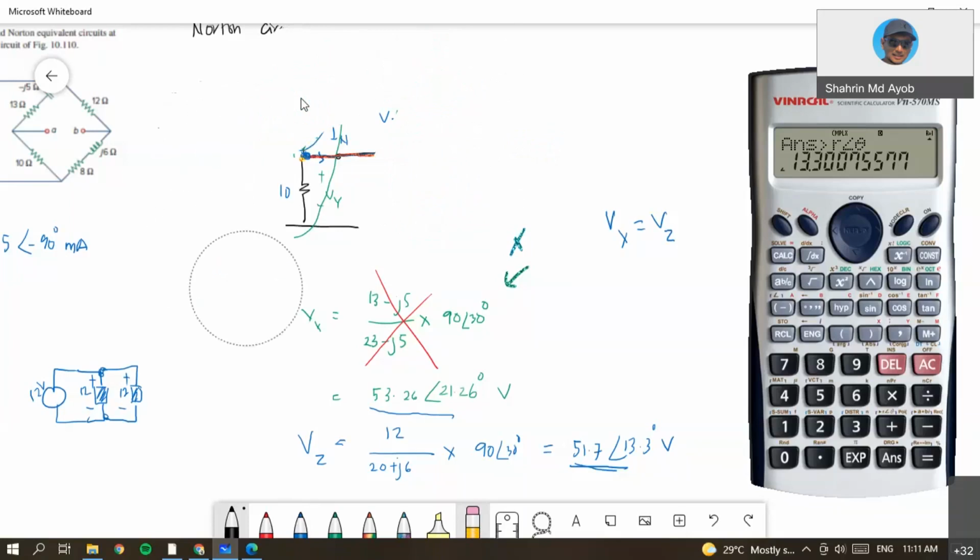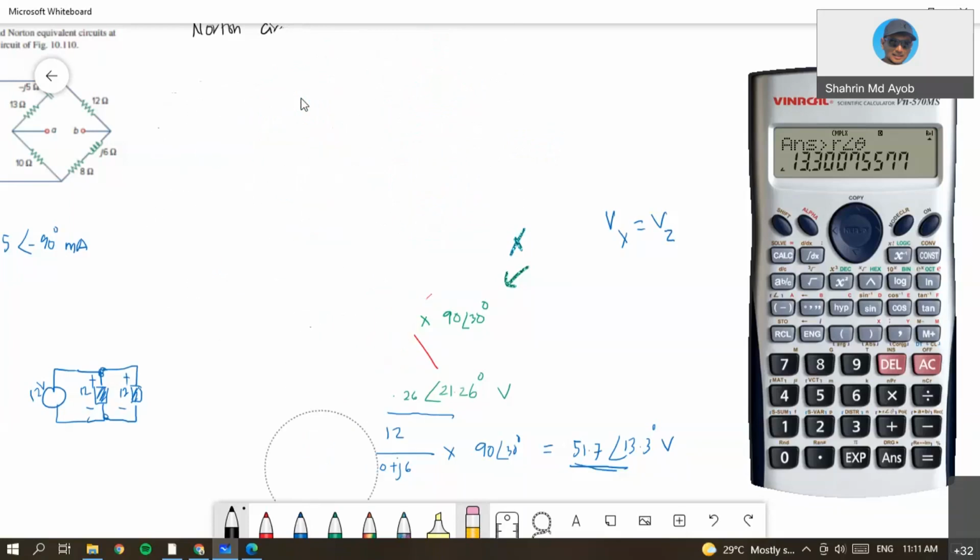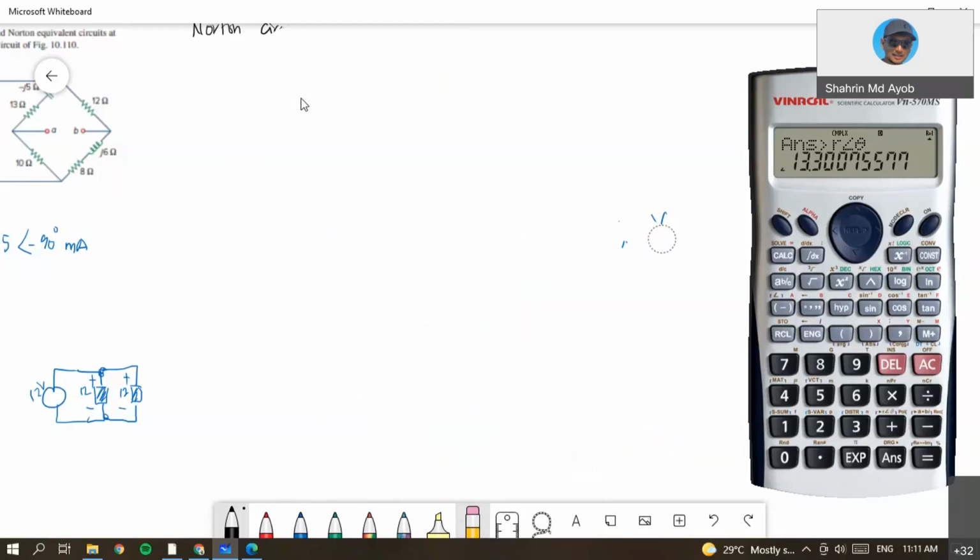What you need to do is, we can use the voltage division, but by what your friend said, you need to combine both. Since we know that they are already parallel, to get this one is Vx and this one is Vy.